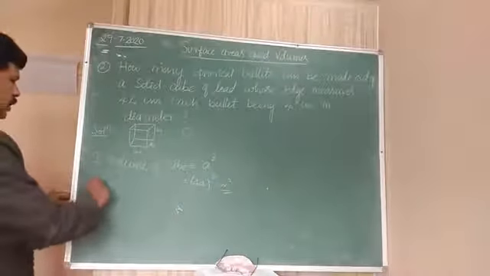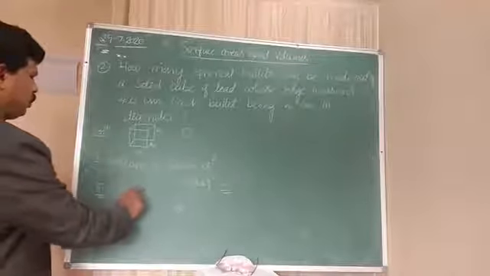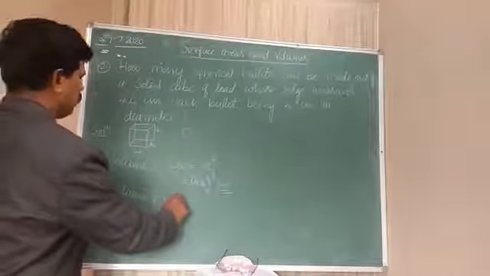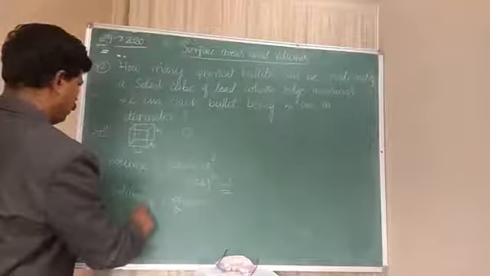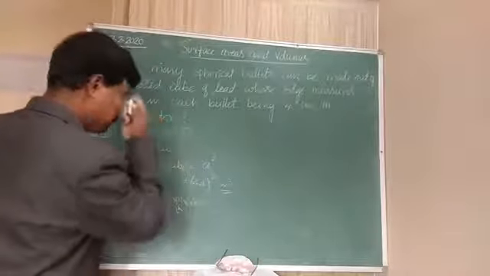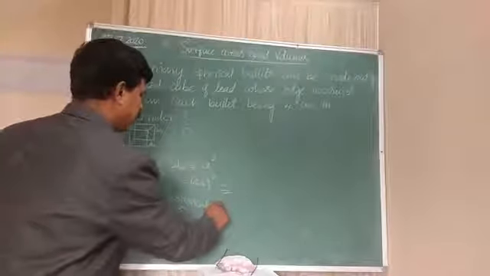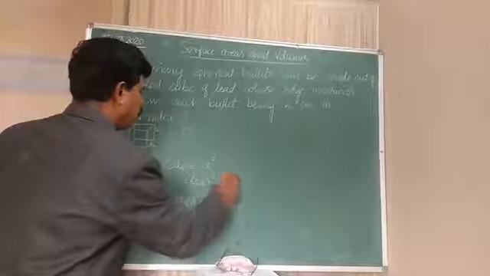Then second thing is volume of one spherical bullet. That is a sphere. So the volume of the sphere is 4 by 3 pi r cube.